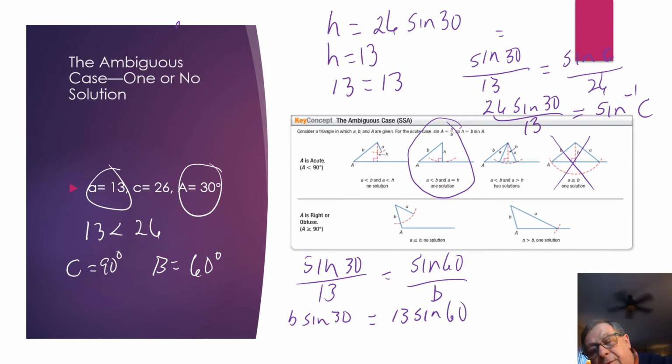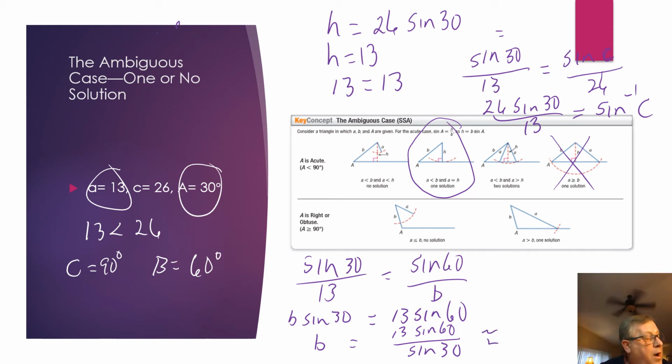And then to get B by itself, we're going to take 13 sine of 60 and divide it by the sine of 30. And that should give us some kind of approximate measurement for side B. So let's see here what we got.